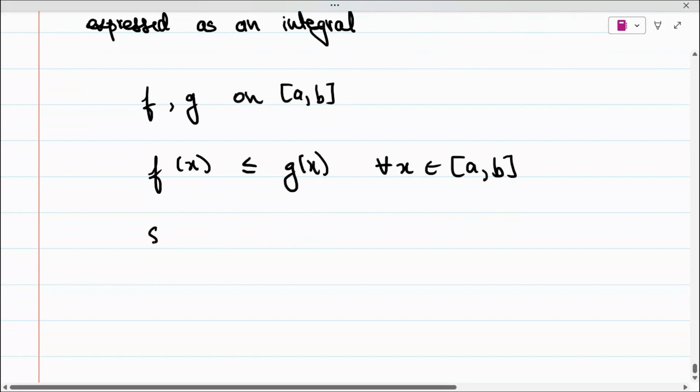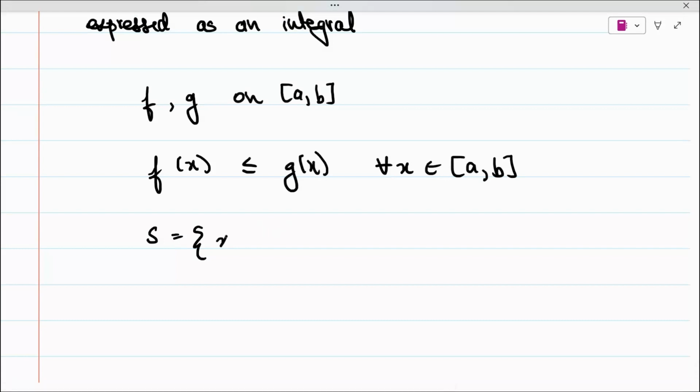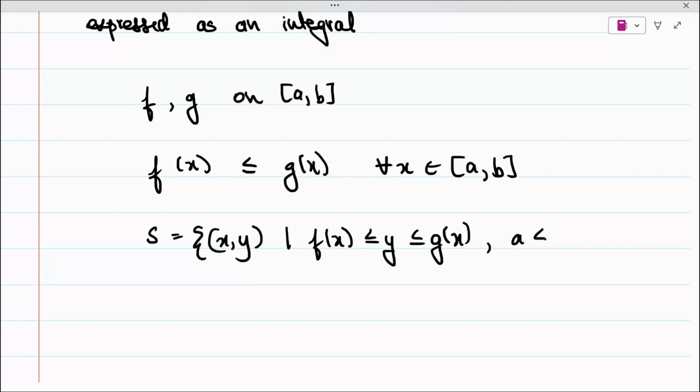Then let S be the set of points x and y such that f of x is less than or equal to y, which is less than or equal to g of x. That means y is between g of x and f of x, and x is between a and b.